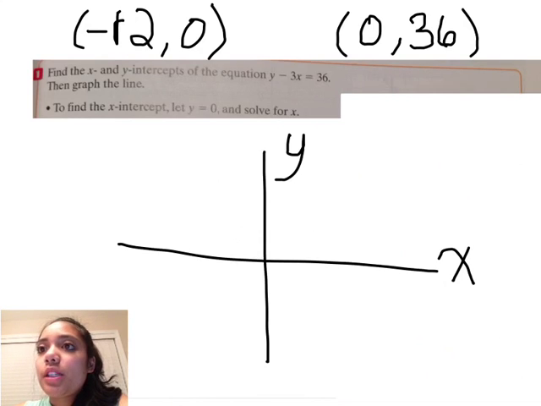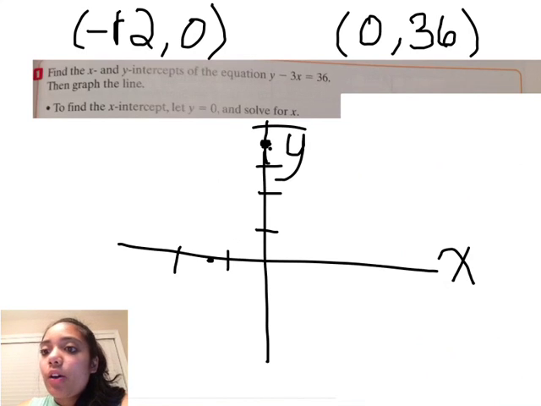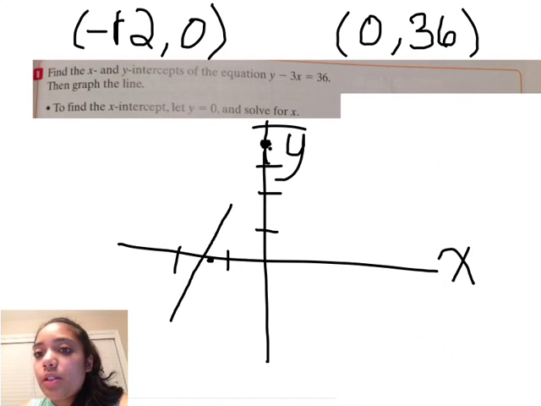So now I'm going to use the exact same equation, but plug in 0 where x is. So now I have y minus 3 times 0 equals 36. So that means y minus 0 equals 36, so y equals 36. And my point now is 0, 36, because my x value is 0 and my y value is positive 36.